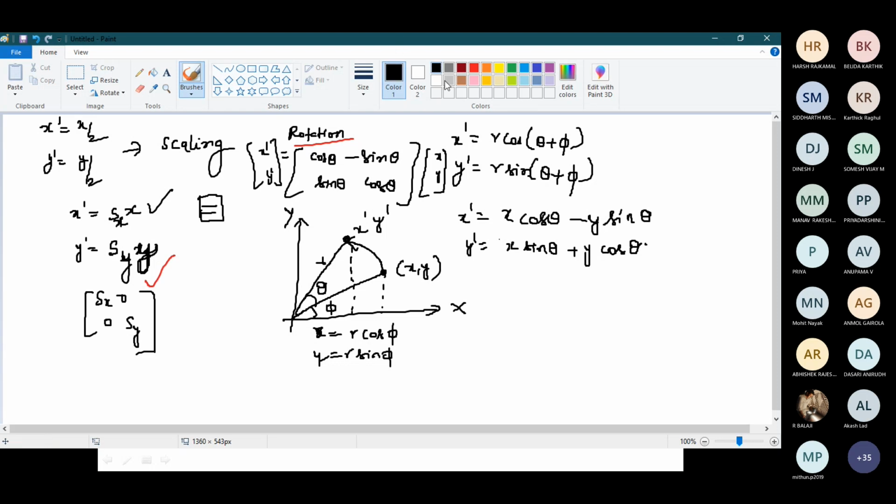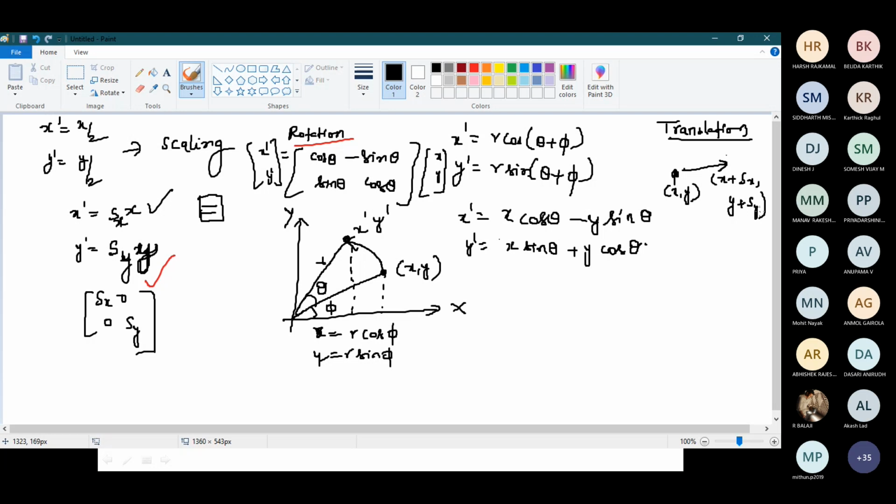Now coming to the next transformation, that is translation. What is translation? I have a pixel here, which is x and y. It has been moved, translated to some other value, so definitely the coordinates will vary. x becomes x plus sx, and y becomes y plus sy.